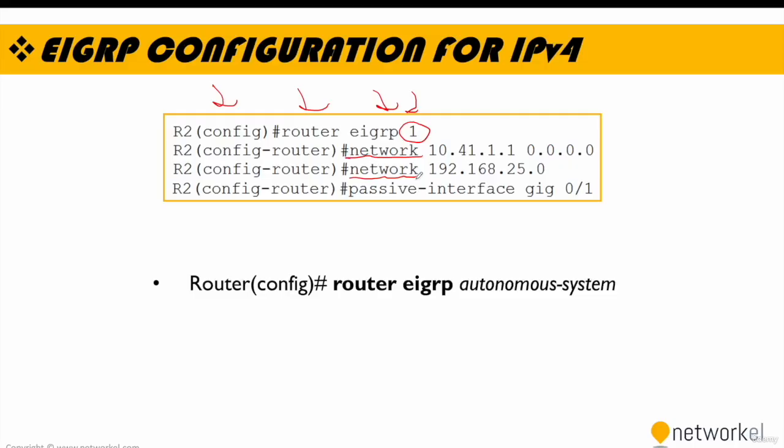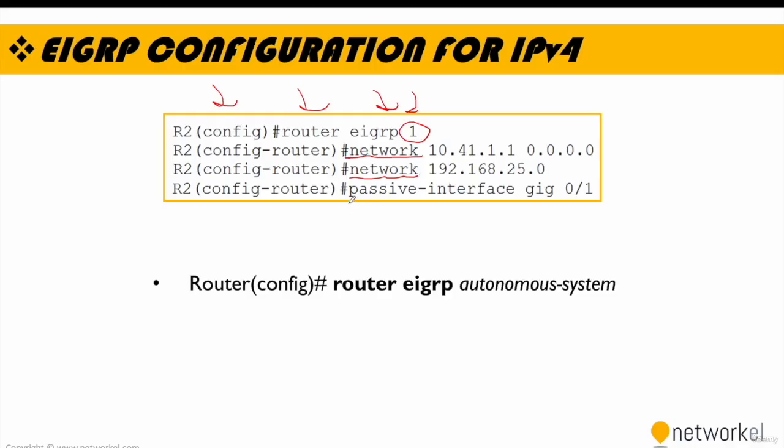Rather, it specifies a range of one or more IP addresses, and any interface with an IP address in that range is instructed to participate in the EIGRP routing process. This means, for example, if we want all interfaces on a router to participate in the same EIGRP routing process, we could give the command network 0.0.0.0 to specify all possible IP addresses.